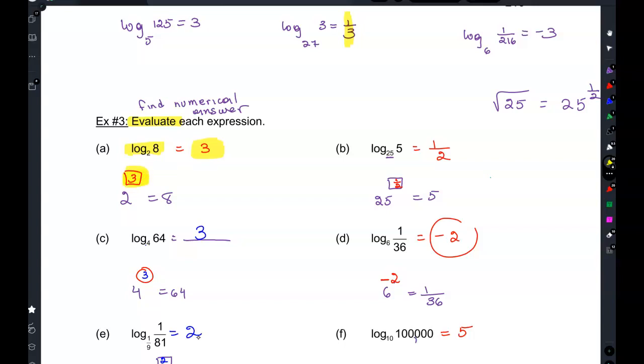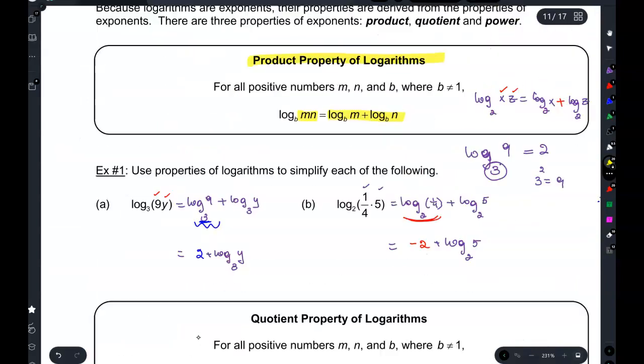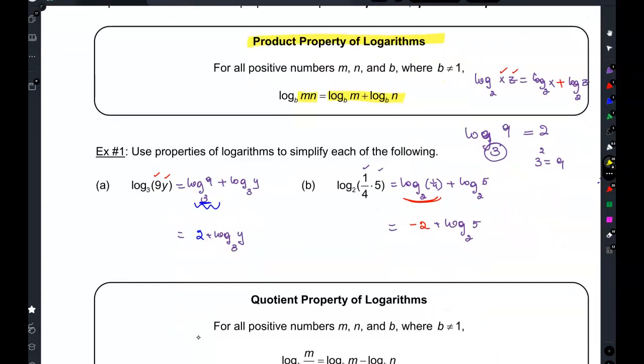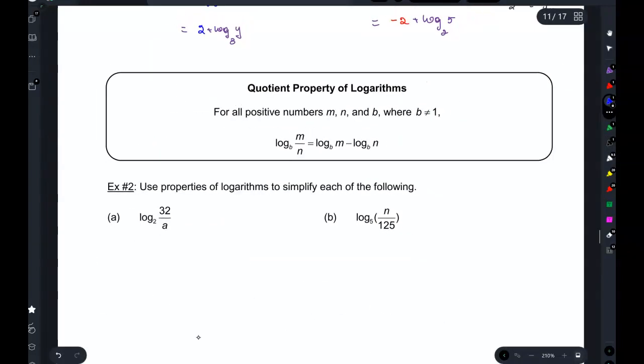What exponent of 2 gives you an 8? So when you come back here, I have a base of 2 right there. So I say 2 to the power of what gives you 1/4? Well, that's -2.